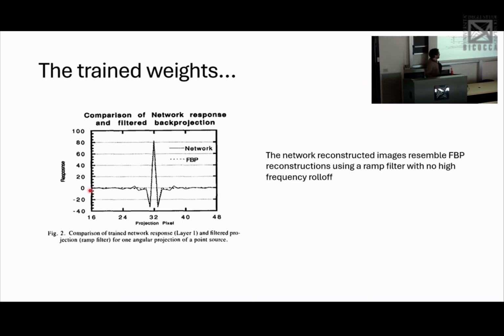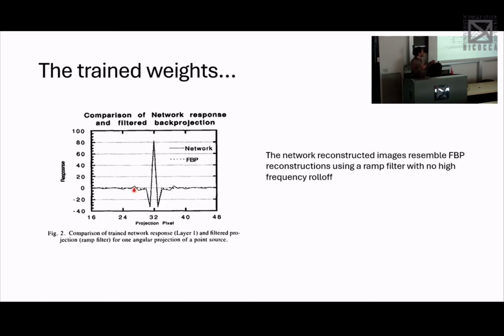He did the fitting, and these are the weights that the network fitted. And with the dashed line, instead, we have the theoretical weights when you are doing a filter with the filtered back projection.